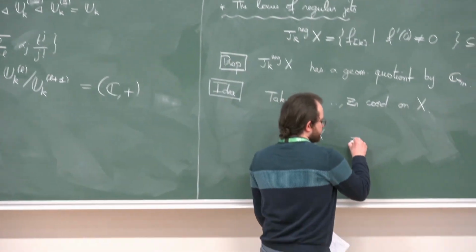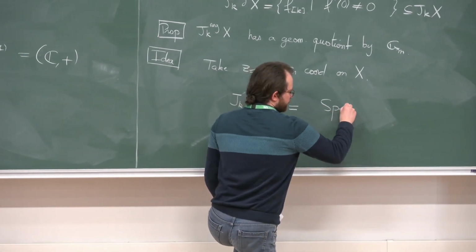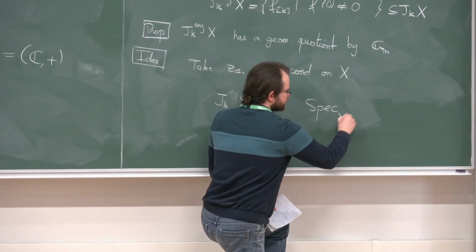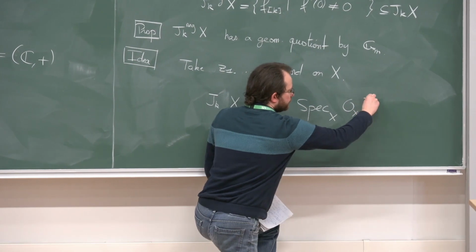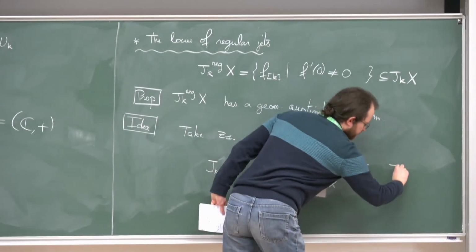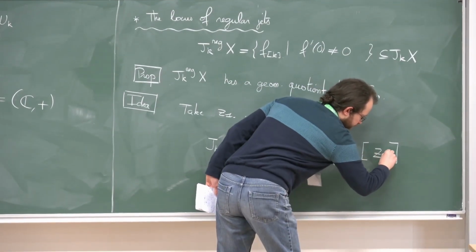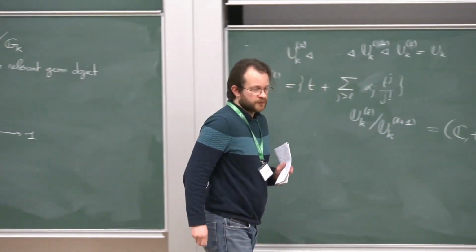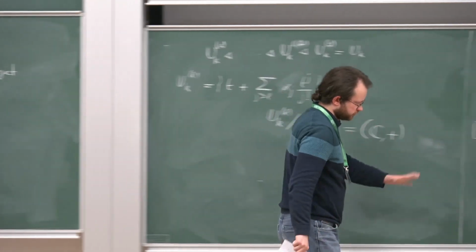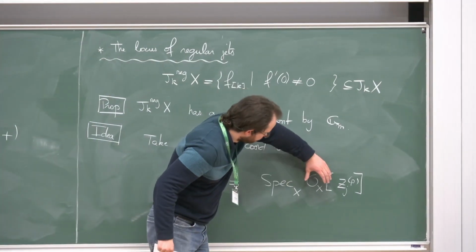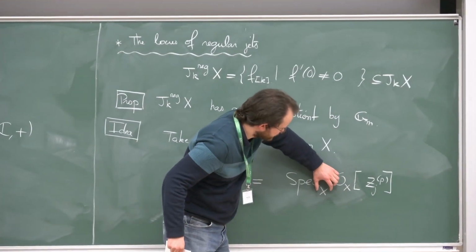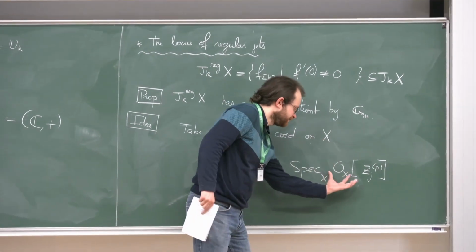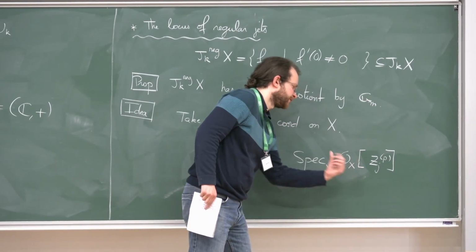It's a relative Spec above X of some algebra generated by the derivatives of the z_j. If you want to be really formal, you simply replace X by Spec of some ring A, and you put that ring here.